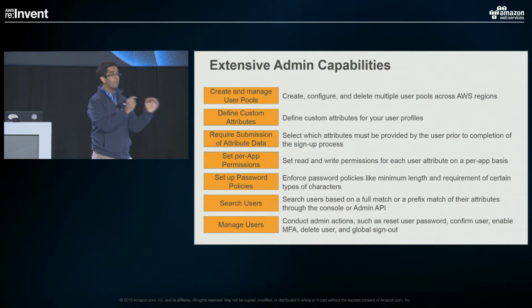And you can set different permission levels for each of those apps in terms of updating the user attributes. You can set the password policies for the user pool, so you can require specific characters or numbers, etc. And you can search and manage the users both through the console and the APIs.